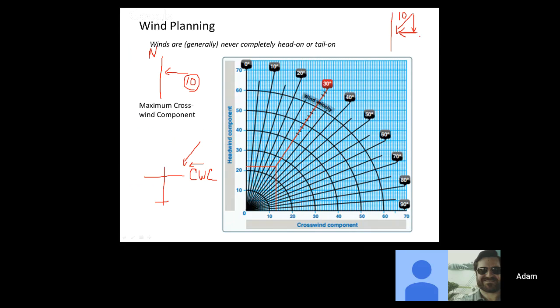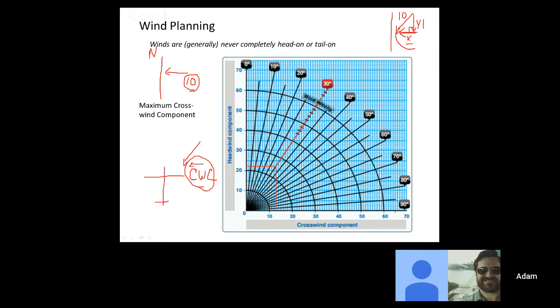I don't know how good you guys are at doing trigonometry. I'm terrible at it. But if you do some trigonometry, you can figure out what this component is and what that component is, right? Yeah, you need the angle and the distance. 90 degrees. Well, you have that one. I guess if it's 90 degrees, you have 45, 45. Yeah. So long story short, you can figure these out. But why do that when you can use a graph like this? So essentially what this graph helps you do is figure out what this crosswind component is.